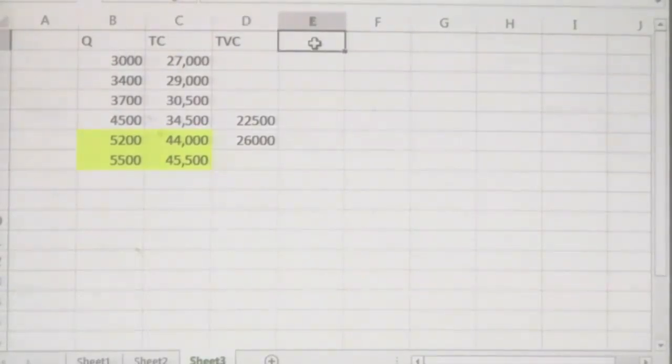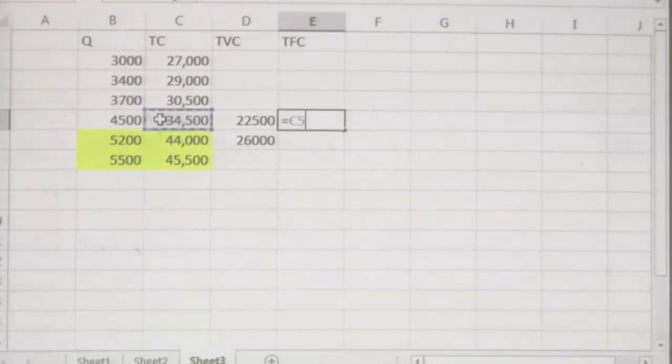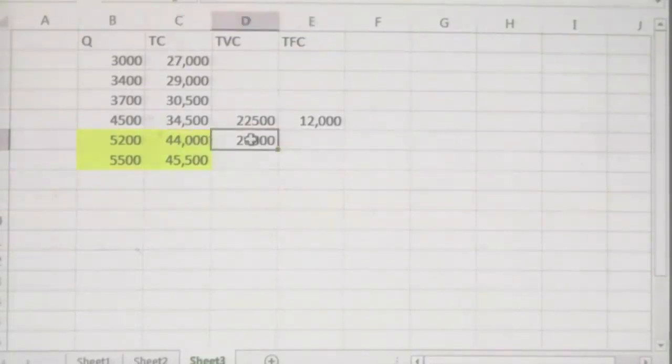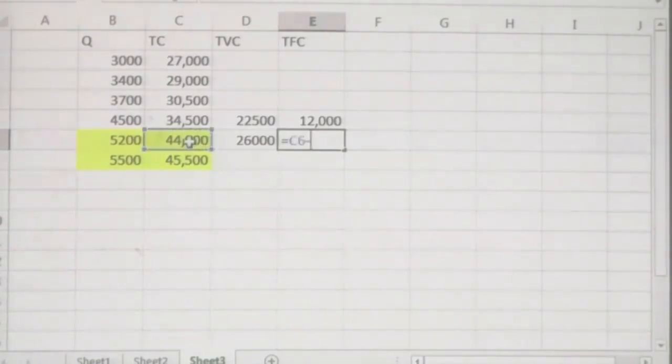Now I can take total fixed cost, that is total cost minus total variable cost. Therefore, total fixed cost will be this minus total variable cost. This is the total fixed cost. When it comes to this level, total fixed cost will be total cost minus total variable cost, that is 18,000.